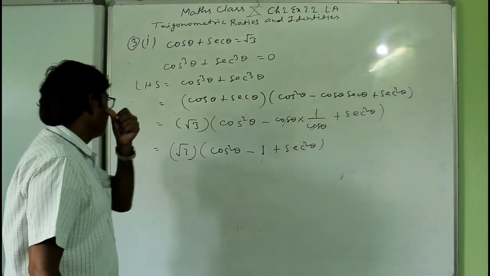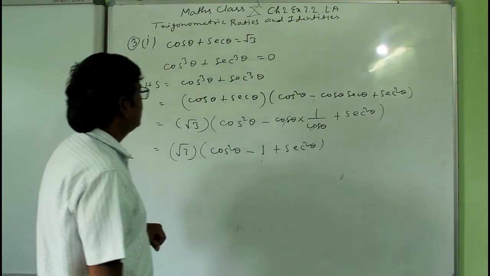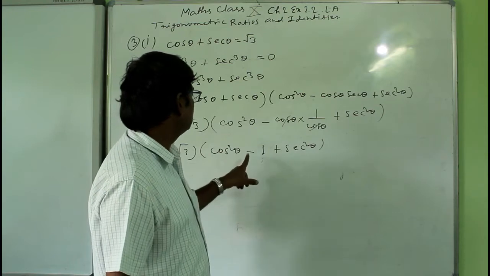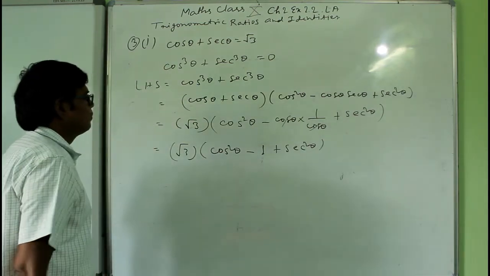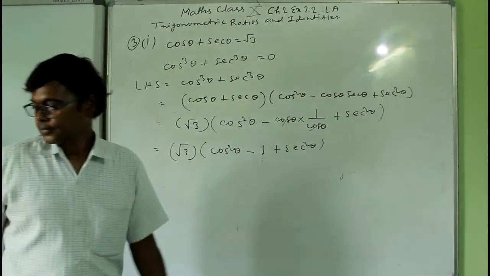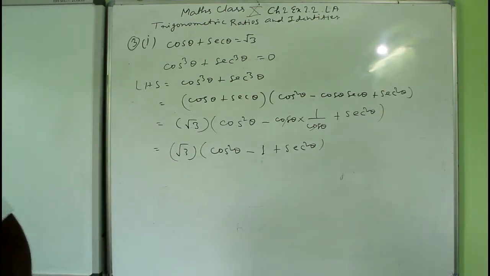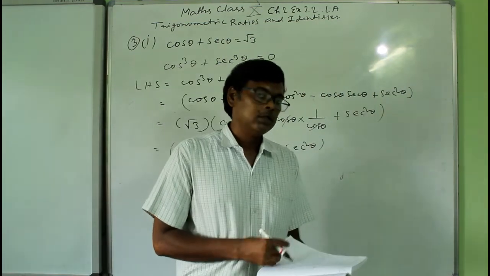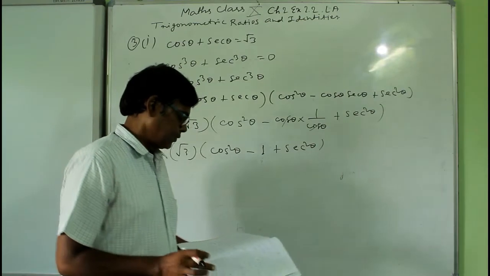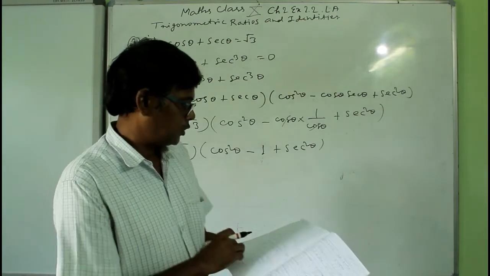Why is it 1 here? Because cos theta into sec theta, which is 1 by cos theta, equals 1. So you have root 3 into cos square theta minus 1 plus sec square theta. Let me see this here. Okay, so here I have done this question.